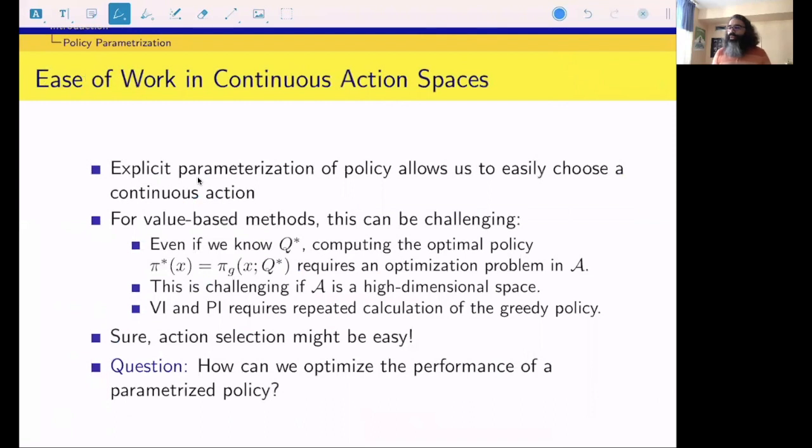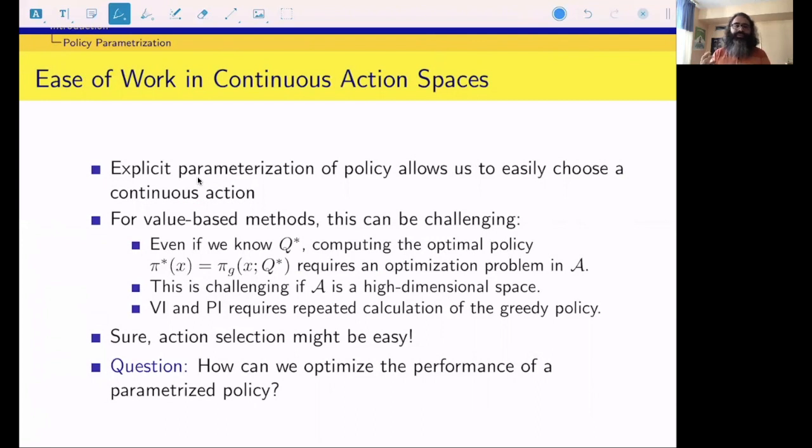So one benefit here is that if we work with this policy parameterization, working with a continuous action space is going to be relatively easy, or at least it is relatively easy to generate samples from a continuous action space.